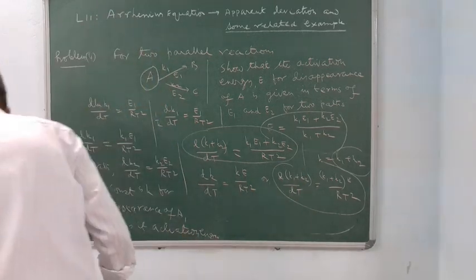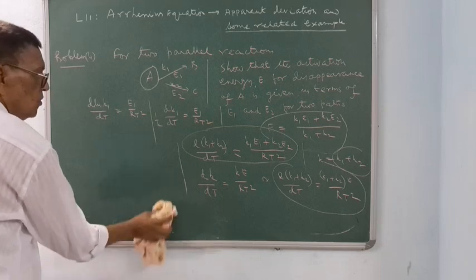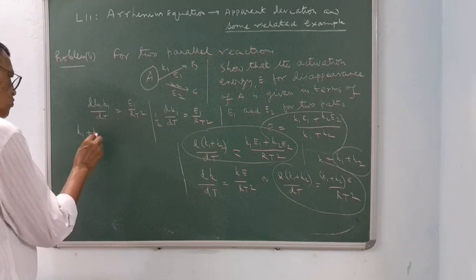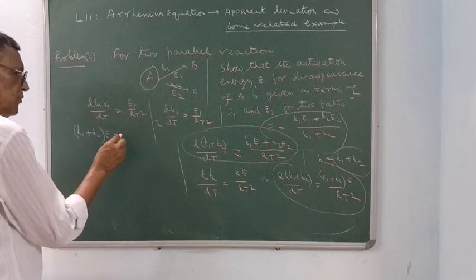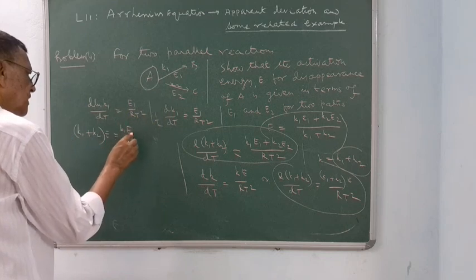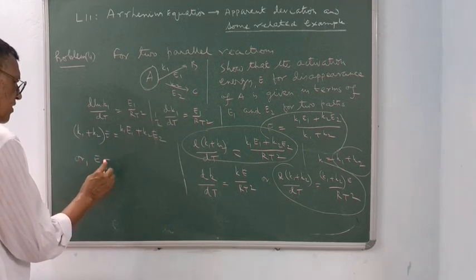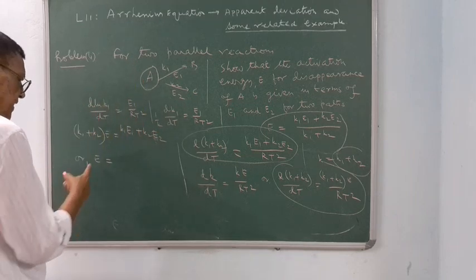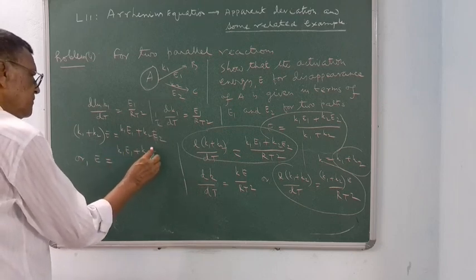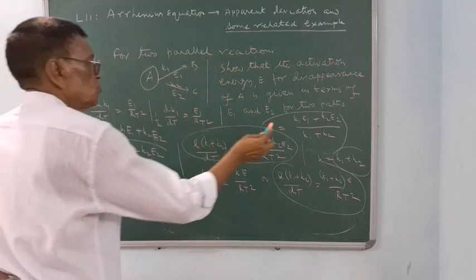So we have (k1 plus k2) E equal to k1 E1 plus k2 E2, or E, the activation energy for disappearance of A, equal to (k1 E1 plus k2 E2) divided by (k1 plus k2). So this has been shown here.